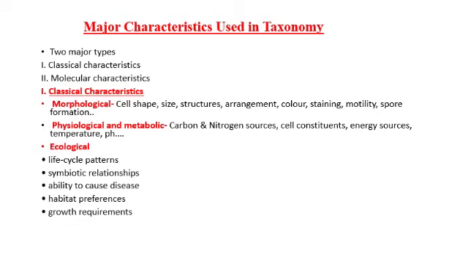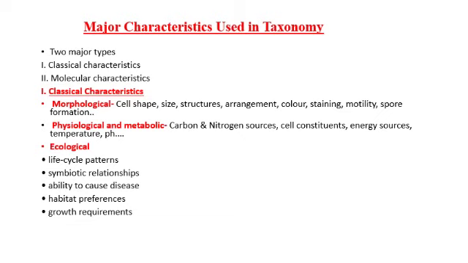The first is the morphological characteristics. It is very simple, based on the cell size, cell shape, cell structures, cell arrangement, cell color, staining, motility, and spore formation.